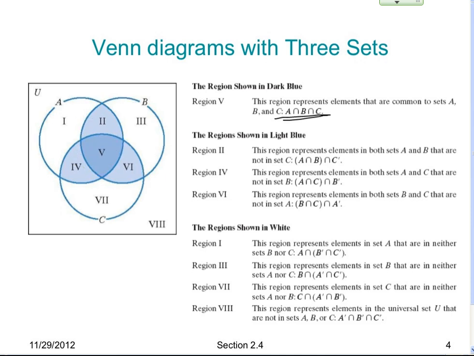That's symbolized by A intersect B intersect C. If I look at this area right here, that's the intersection of A and B. So read through it, but don't stress about this too much. I'm not going to make you write this down.